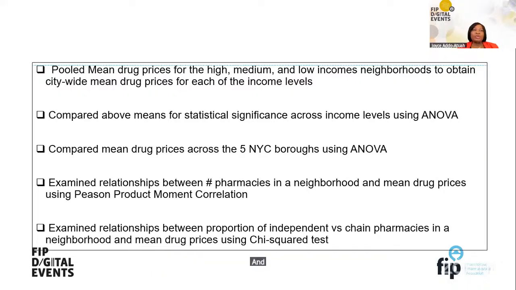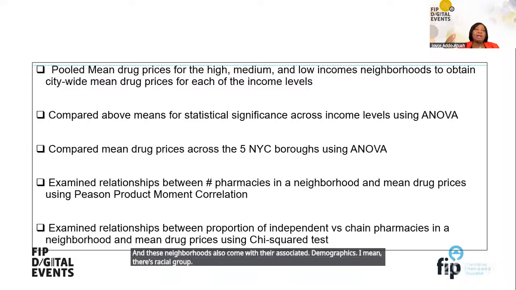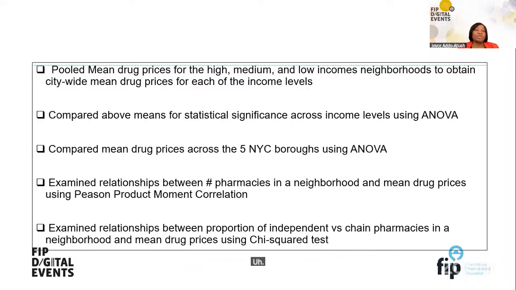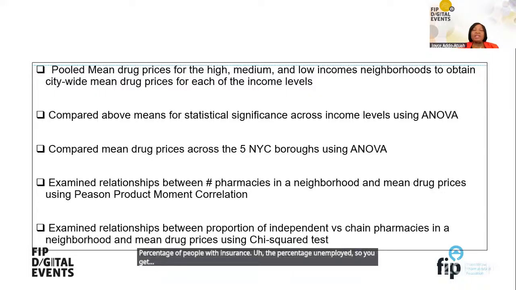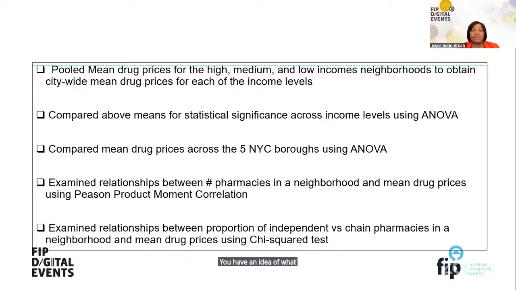And these neighborhoods also come with their associated demographics. I mean, there's racial group proportions, the percentage of people with insurance, the percentage unemployed. So you have an idea of the population you are dealing with.